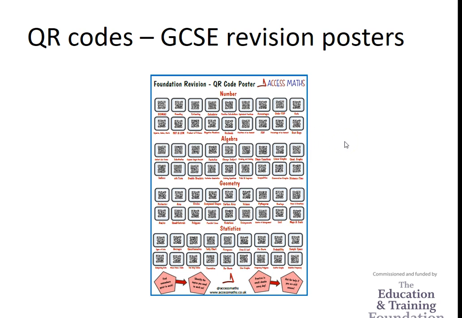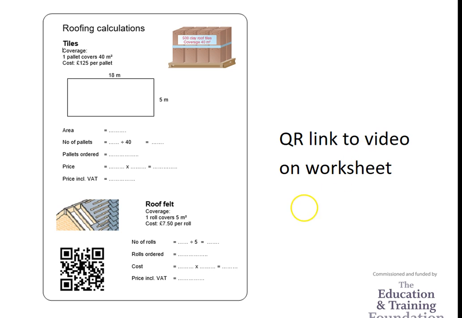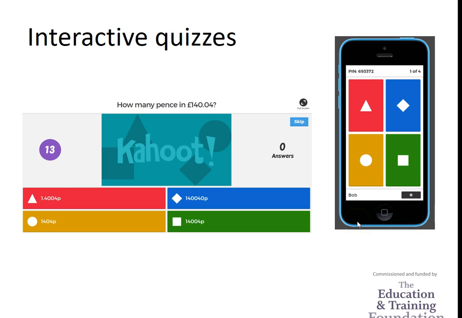Here we see a GCSE Maths revision poster. And we also look at how tutors can use QR codes themselves to add a multimedia element to a paper-based worksheet. Here you see some resource from a construction course where the QR code enables the learner to use their smartphone to access a video tutorial about that particular maths topic.